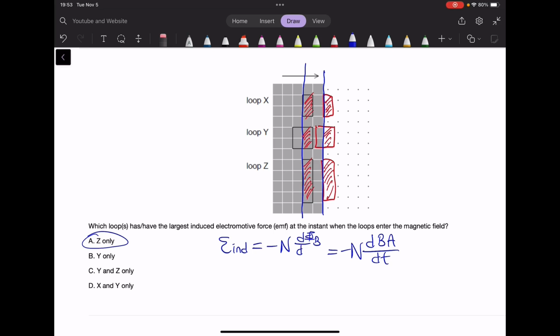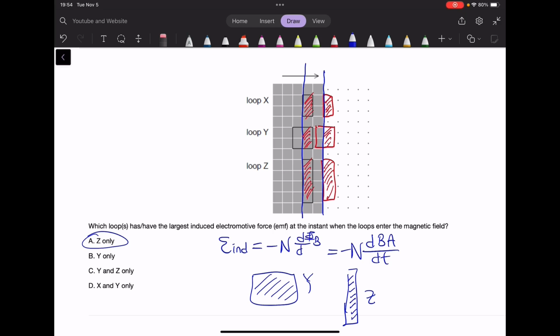I think a confusion students make is like Y and Z, they have the same area here. But this is not really right because at the instance when each loop is first exposed to magnetic field, loop Z has a larger area.